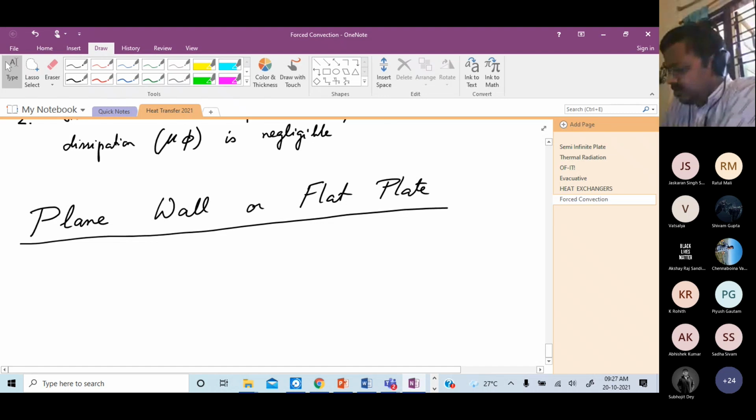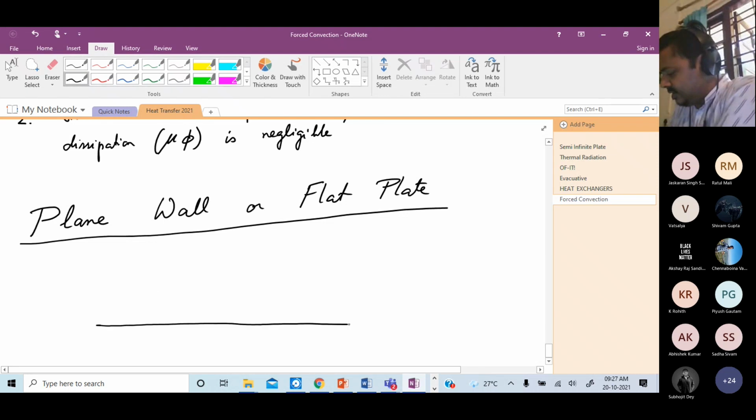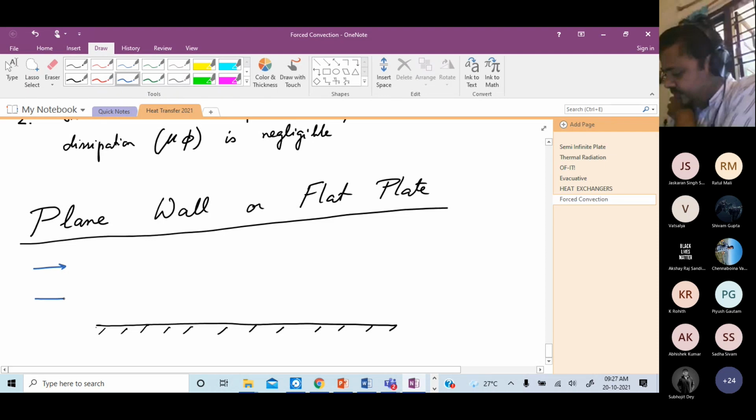Now, what is the additional complication here? The additional complication is that I am now introducing temperature to what we have studied before, which is simple flow. So earlier we had flow at u infinity, but now I am also introducing something called T infinity.